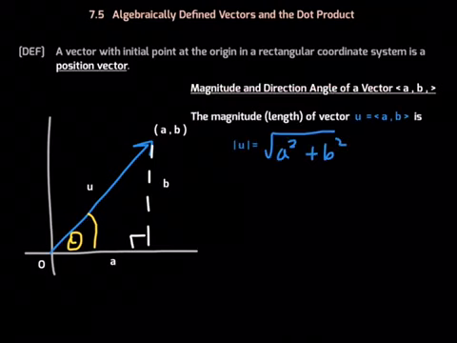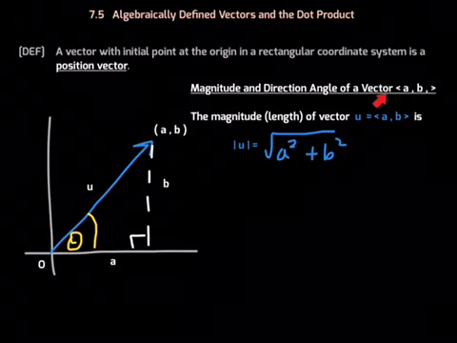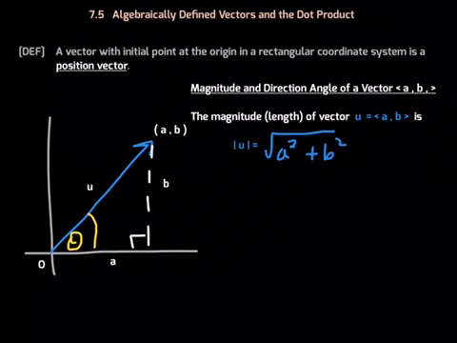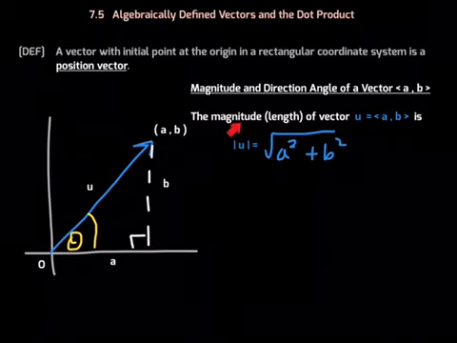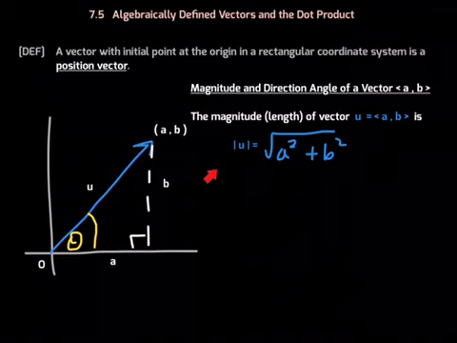All right, I have some more terminology for us. Magnitude and direction angle of a vector (a, b). The magnitude, which we called length in the earlier section, the magnitude or the length of a vector named u is found by the following. We use these absolute value bars to denote magnitude of a vector.